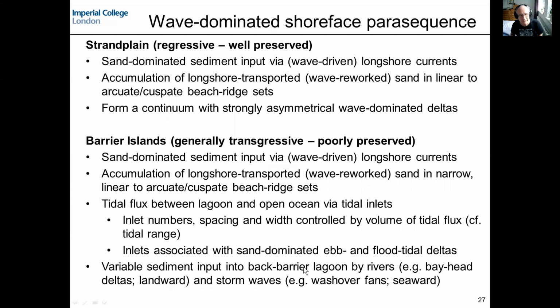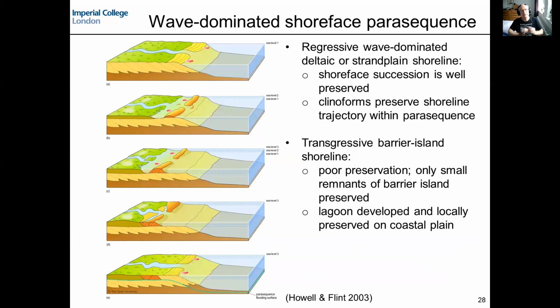Okay, the rest of this text isn't so important. So just a couple of things to point out in here. So one is that this model shows one episode of regression and then a transgression associated with generating this barrier island.